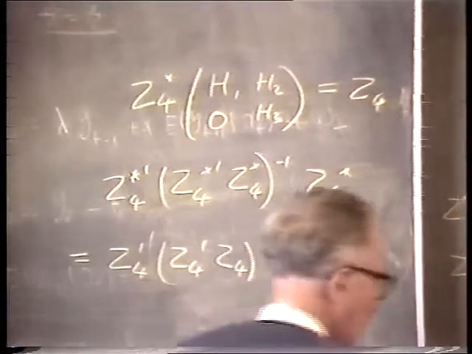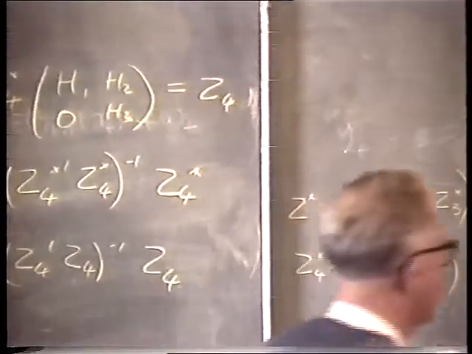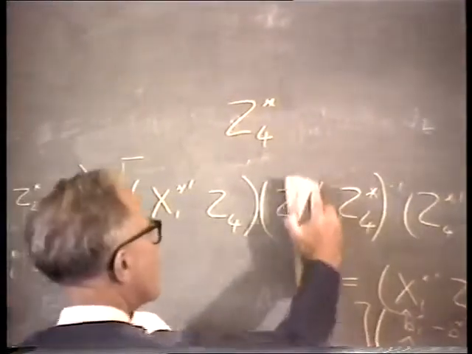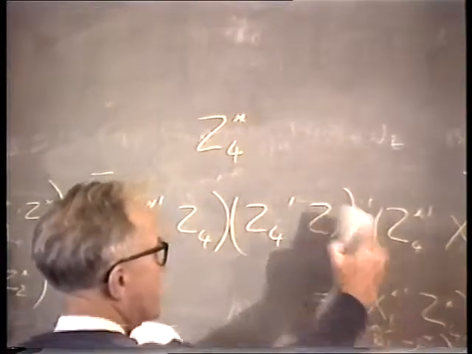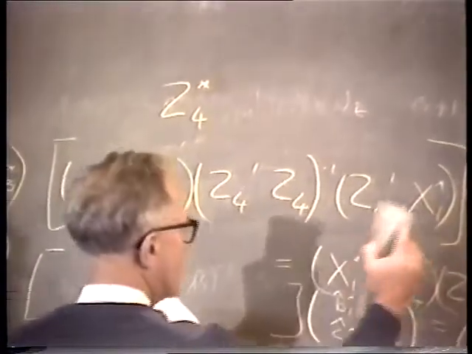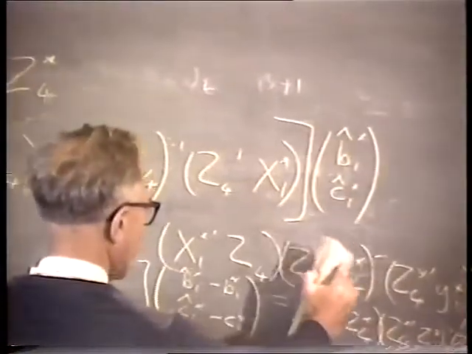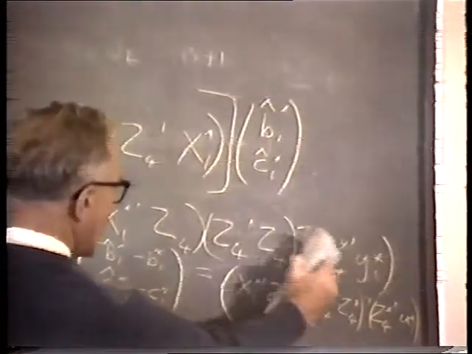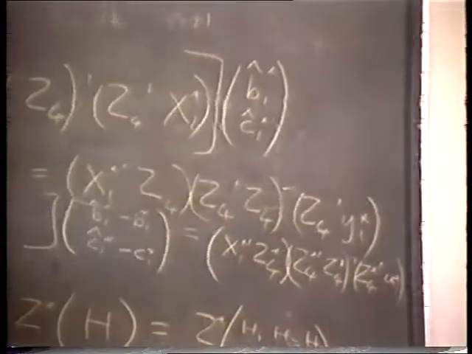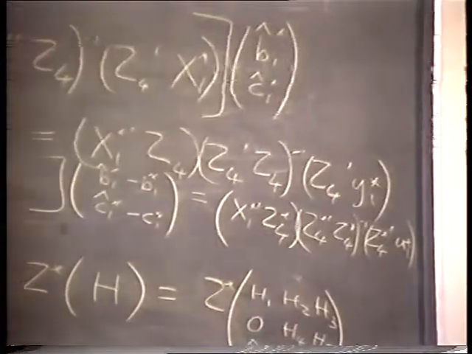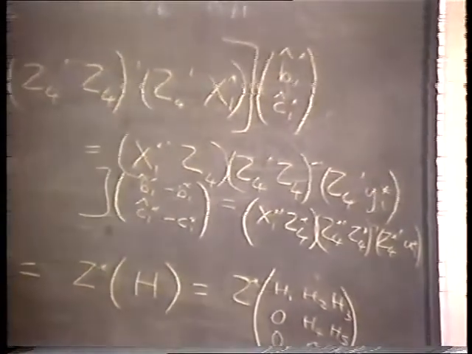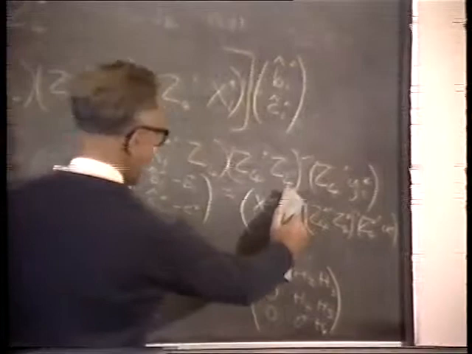So in either of these equations that I've written down, I can simply take out the stars on the Z4 stars. The same here, of course.